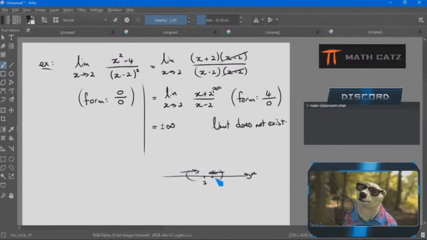So if I'm on the right, then I have a bigger number minus 2 being positive. The whole thing is positive. But if I'm on the other side of 2, then I still get a number really close to 0, but it's always negative, a smaller number minus 2. So depending on which side I come at it, I could have negative or positive numbers.